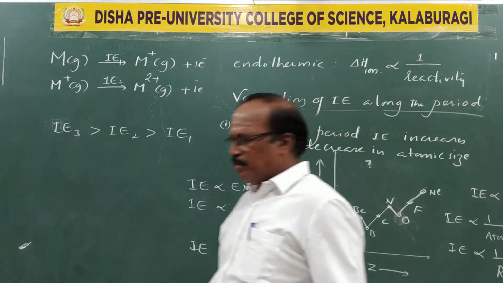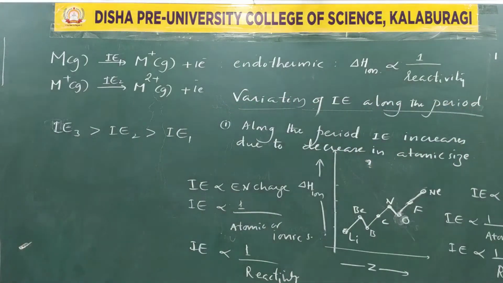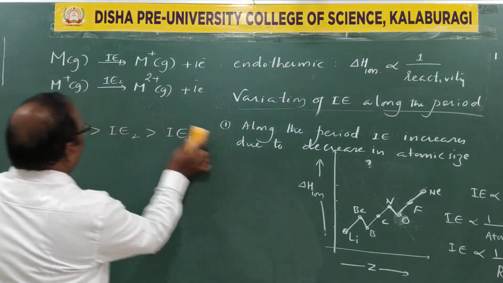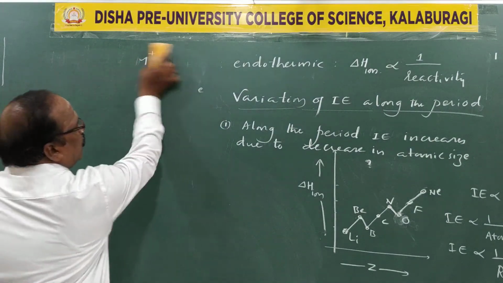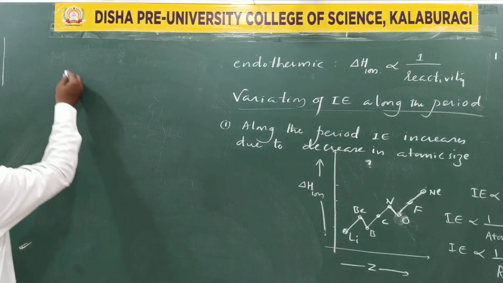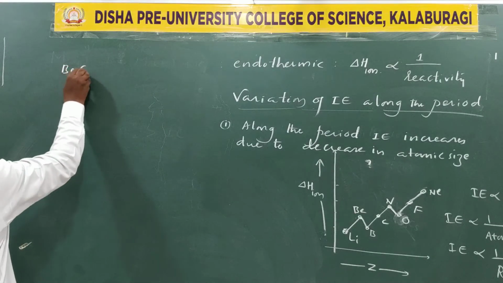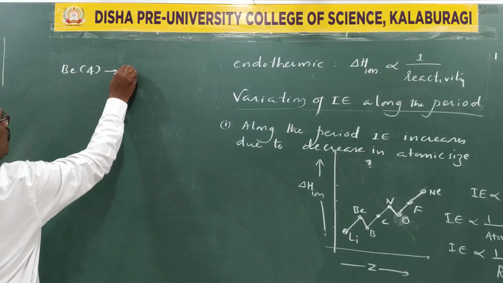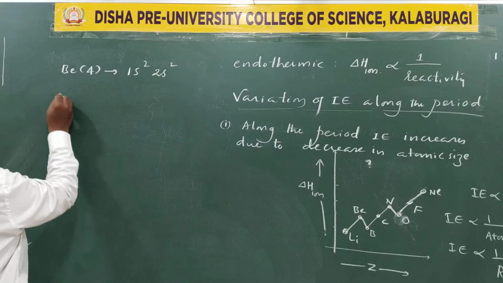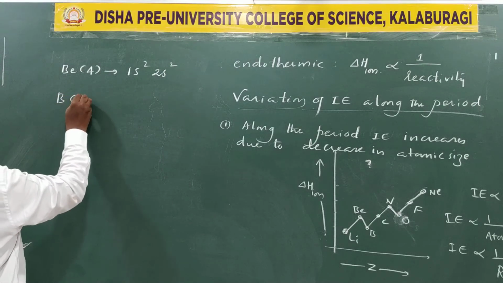Now I discuss that particular point. Look at the board. Beryllium atomic number 4, we write it as 1s2, 2s2. Boron atomic number is 5.